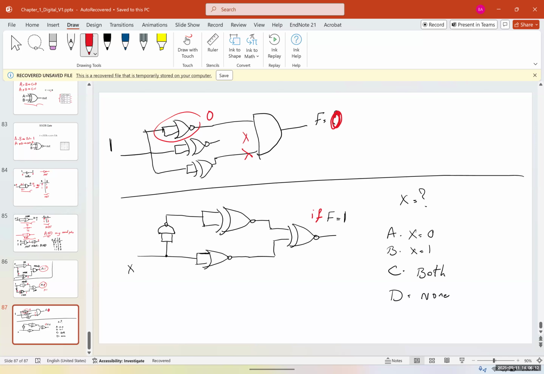Does anyone have the answer? What did you get? Got 0. 0. Okay. So the output is an XNOR gate.